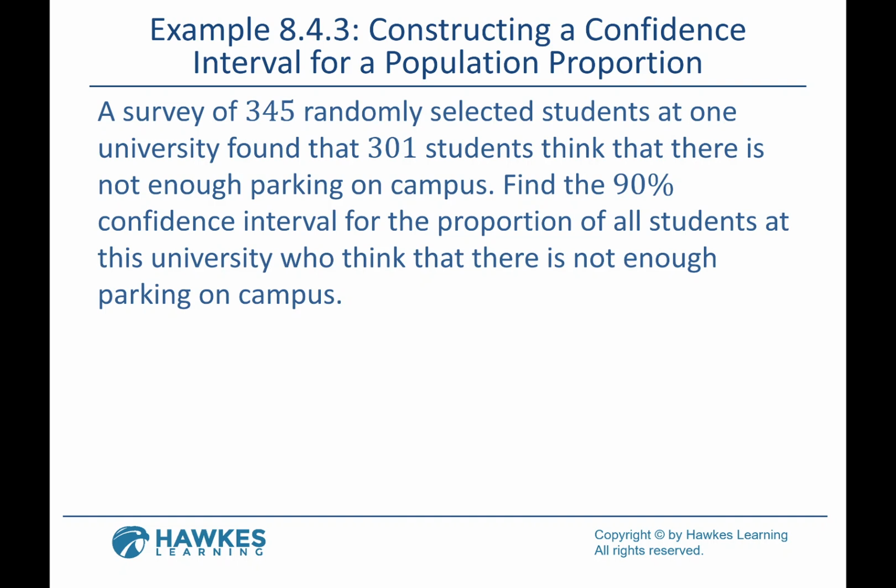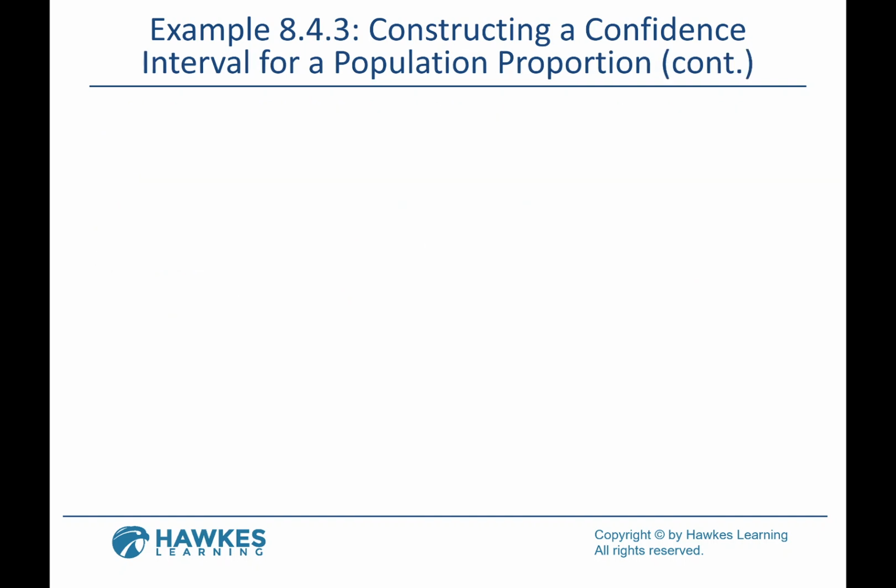So step one, we need a point estimate. Since we're dealing with proportions, our point estimate is going to be a sample proportion, p hat. That's the ones we're counting out of the total.